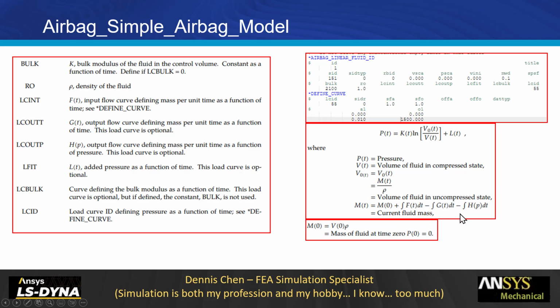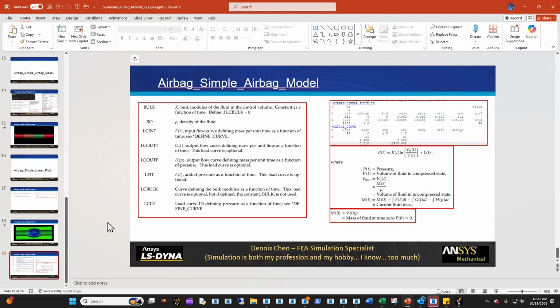So Ft, Gt, and Hp are these three parameters: input flow, output flow, either as a function of time or as a function of pressure, right? So you're basically defining an analytical solution inside the tubing, inside the airbag, to calculate the control volumes and their responses. And that is the end of the presentation.